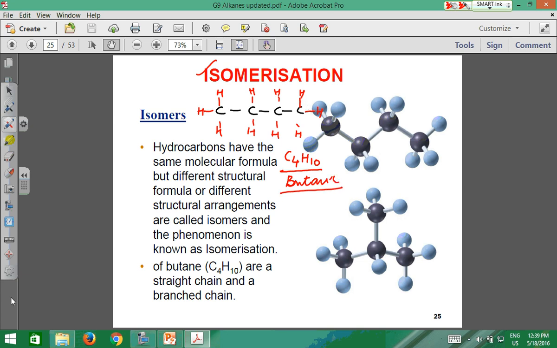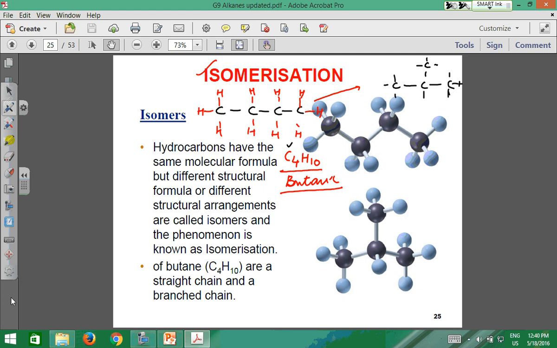One more thing I can do: I can shuffle the position of carbons. I can write in a different way. How can I write? Let me try. Let me put 3 carbons here, and 1 carbon here. So still 1, 2, 3, 4 carbons. Hydrogens, as I have told you, we have to be very careful that every carbon should have 4 bonds.